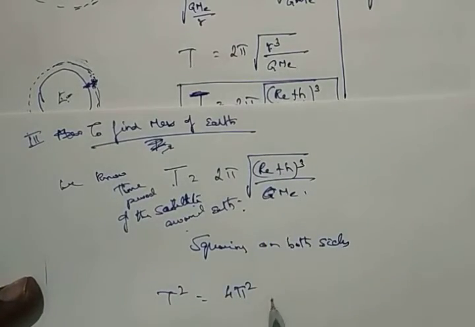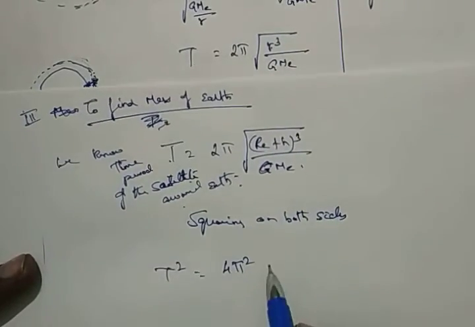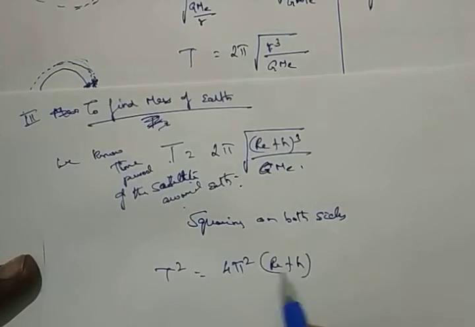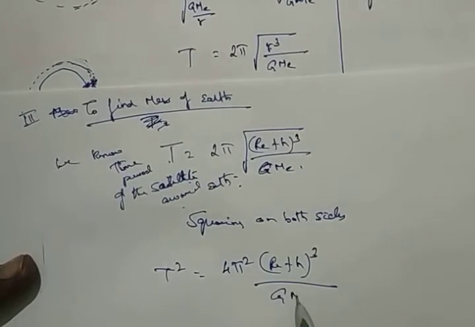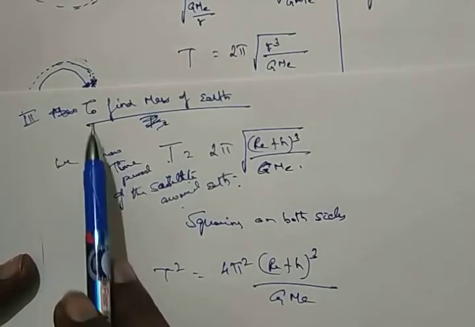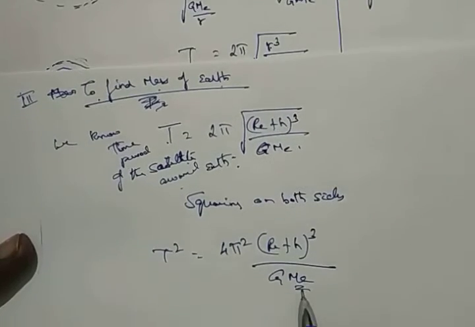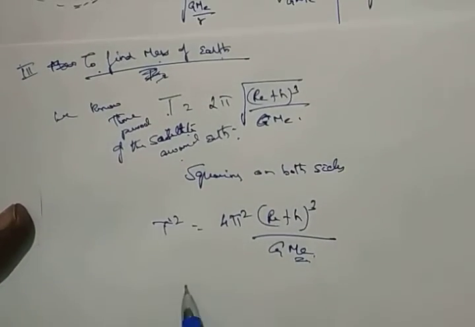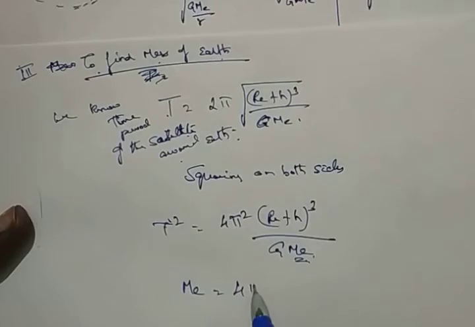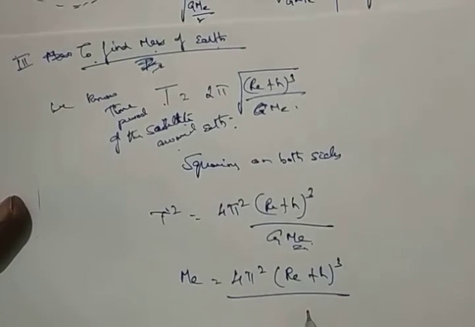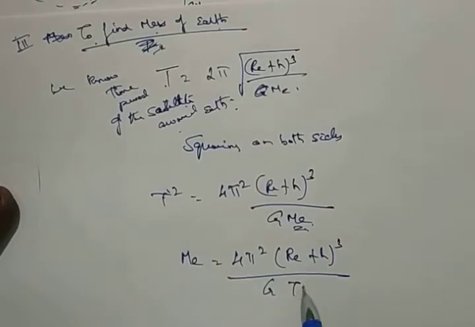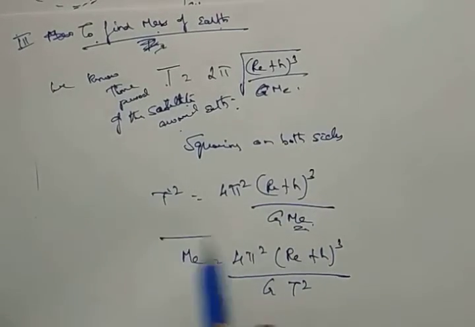What will happen to this one? The root will go away. (Re plus H) the whole cube upon GME. Now what did you want to find out? To find the mass of the Earth. This is the mass of the Earth. Cross multiply. Bring this one down. ME is going to be equal to 4 pi square (Re plus H) the whole cube upon G into T square. This is the value.